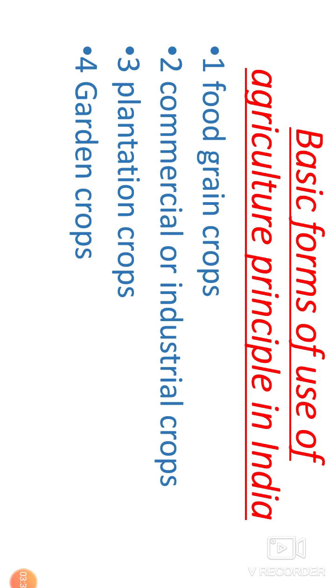Next is the basic forms of use of agriculture in India, and they are food grain crops, commercial or industrial crops, plantation crops, and garden crops. See, first, food grain crops.